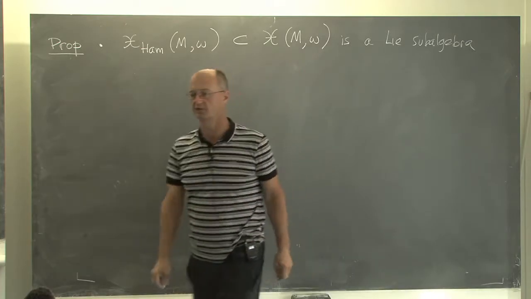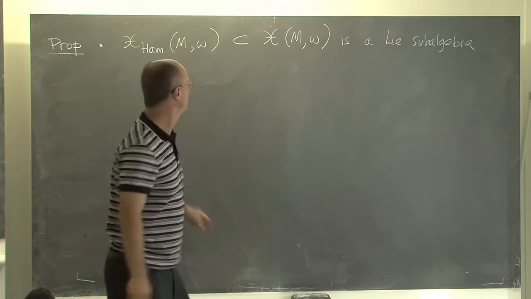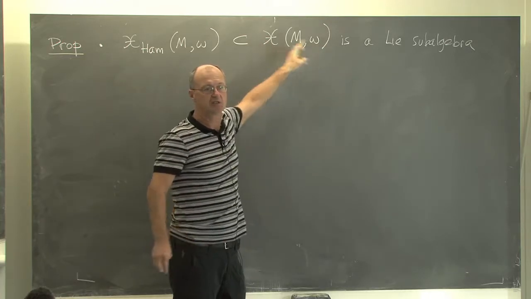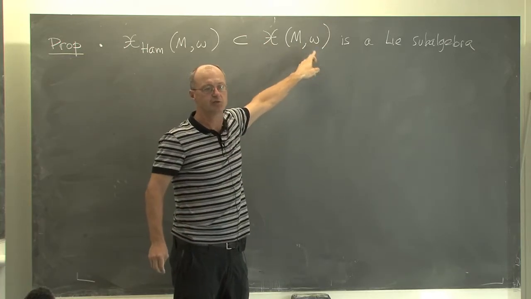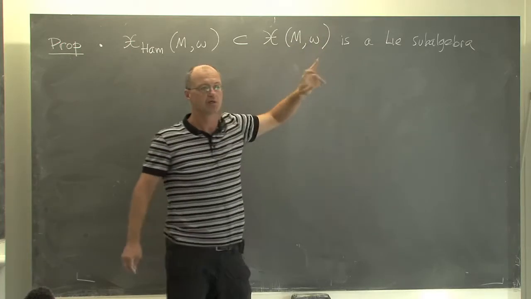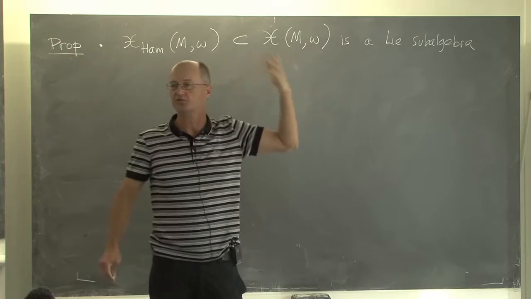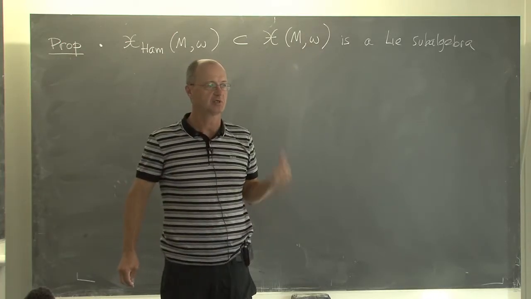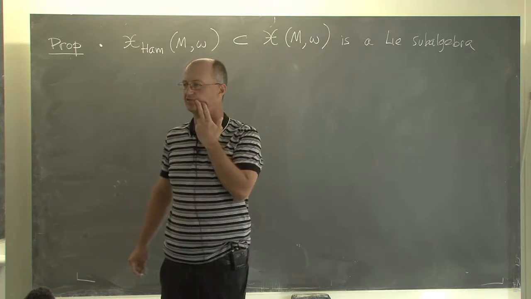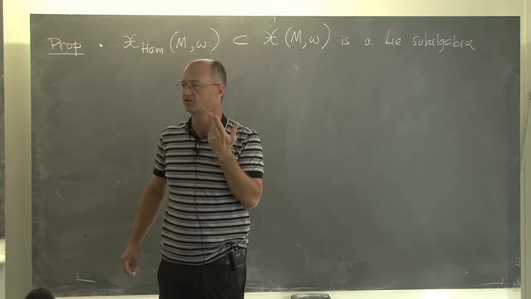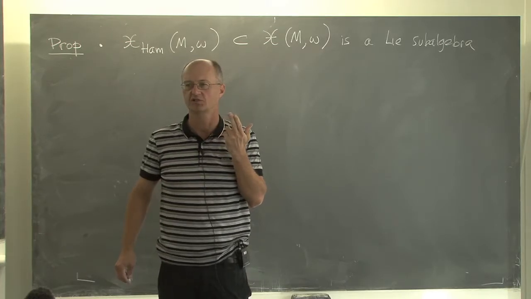By the way, this implicitly assumes that this gadget is a Lie algebra, right? Of course we know that vector fields form a Lie algebra. Now, I assume without saying that symplectic vector fields form a Lie subalgebra of vector fields. And why is that? Is it obvious?